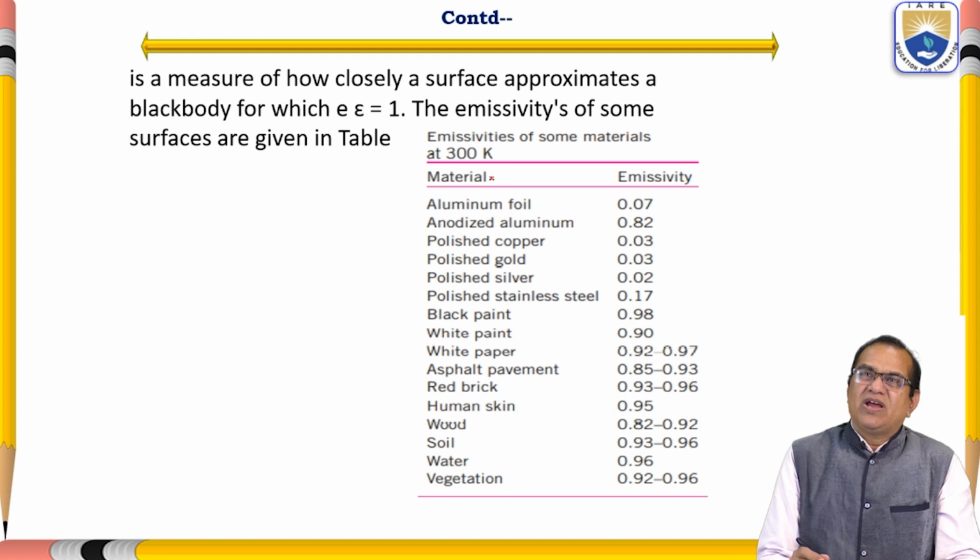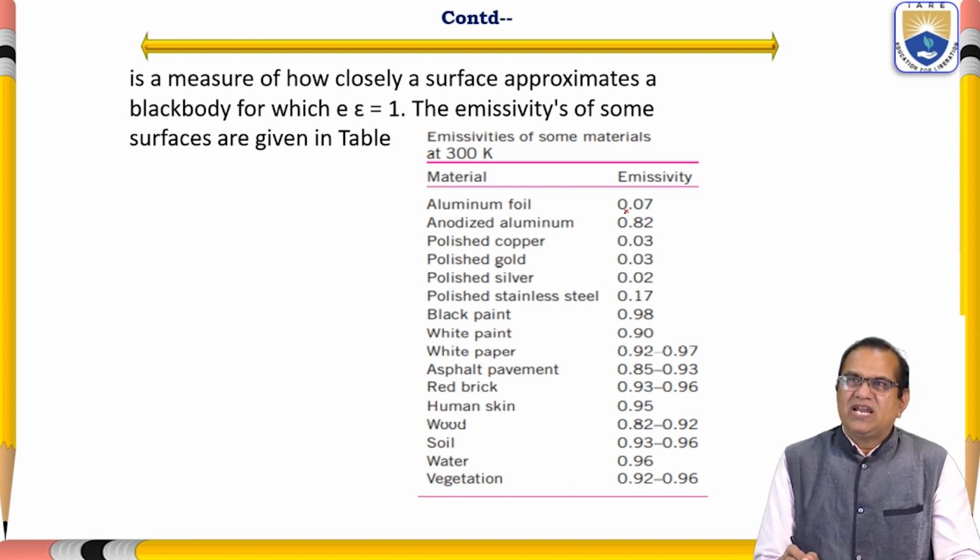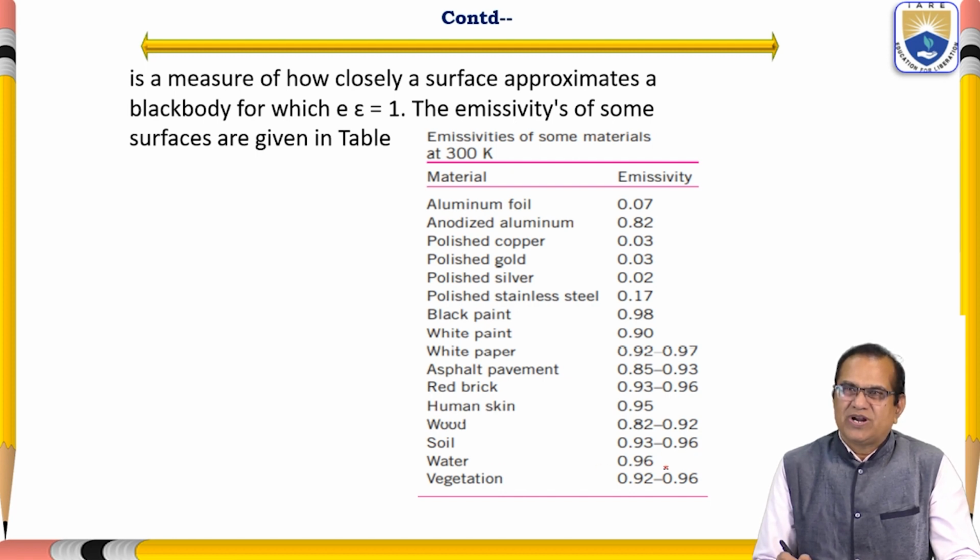So this epsilon value is given for some materials like aluminum foil 0.07, anodized aluminum 0.82, polished copper 0.03, polished gold 0.03, polished silver 0.02, polished stainless steel 0.17, black paint 0.98, white paint 0.9, white paper 0.92 to 0.97, asphalt pavement 0.85 to 0.93, red brick 0.93 to 0.96, human skin 0.95, wood 0.82 to 0.92, soil 0.93 to 0.96, water 0.96, vegetation 0.92 to 0.96.